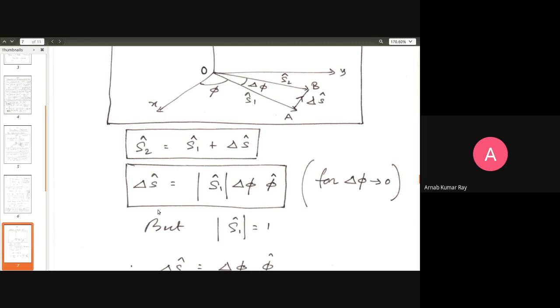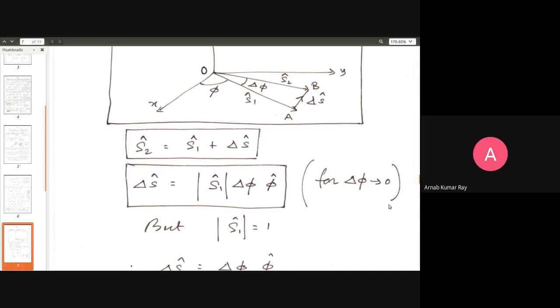The length of this vector is S1. I'm taking its magnitude times delta phi. And since it is going in this direction, tangential to the circular path traced out, it will be in the phi cap direction. Delta S cap is equal to S1 delta phi phi cap, for delta phi going to 0.